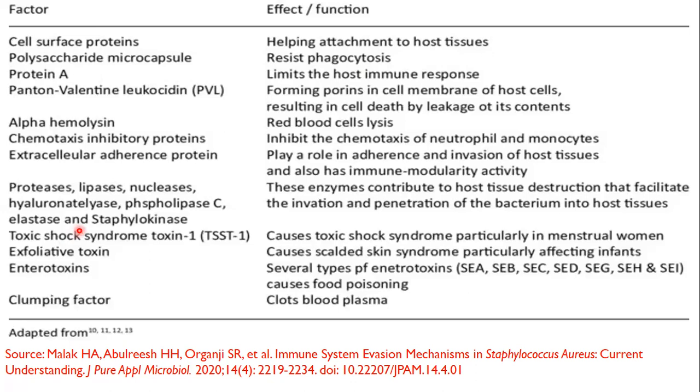That is because of decreased perfusion in the vital organs of an individual. That's why we term it generally a shock. And when you say exfoliative toxin, this is responsible for exfoliation of the epidermal layer of a particular individual. That's why it's called exfoliative toxin.